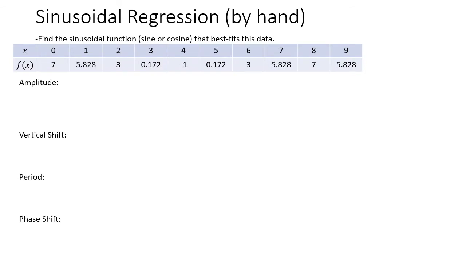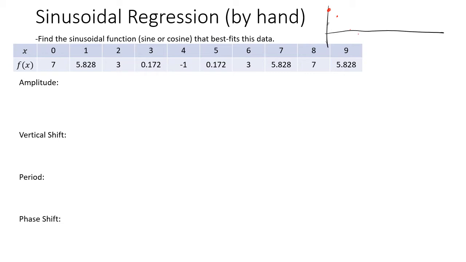All right, so we're given values for x and y. The first thing we can do is take the data in and plot it. You don't have to do this step, but you totally can. At 0, I'm at about a 7, then at 1 I'm at about a 5.8, then at 2 I'm at a 3, then at 3 I'm at almost 0, and then at 4 I'm at -1.